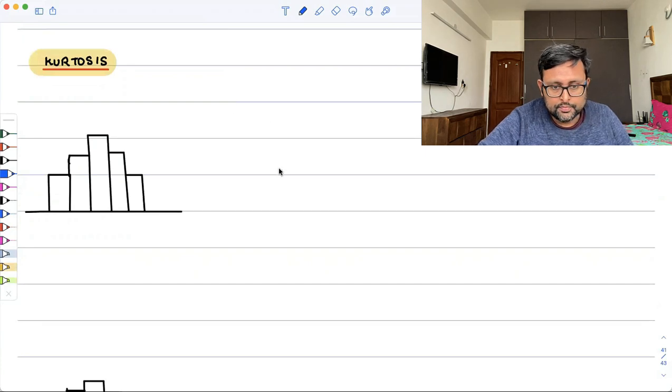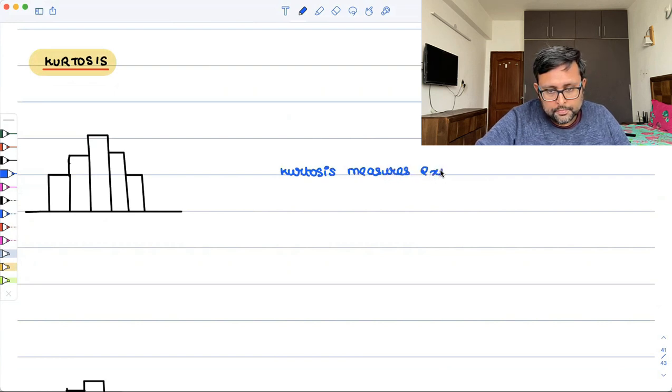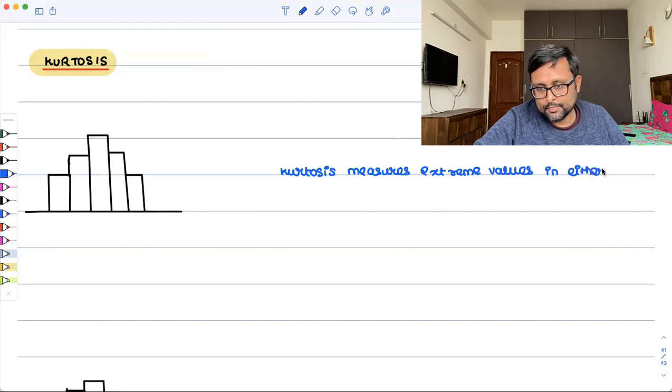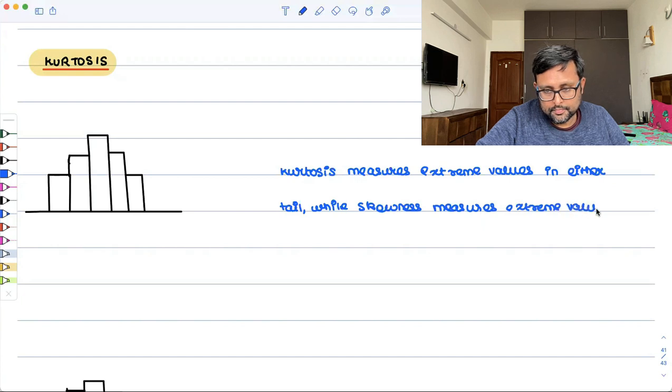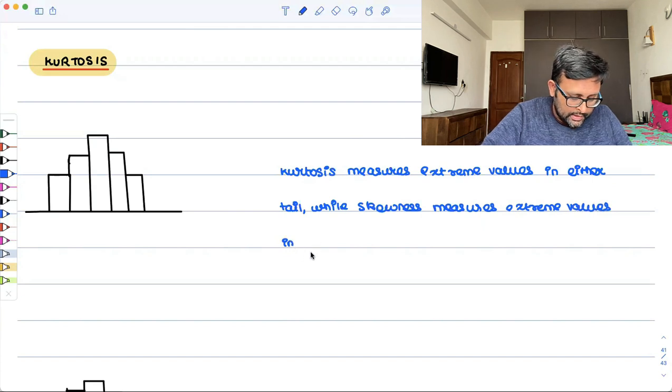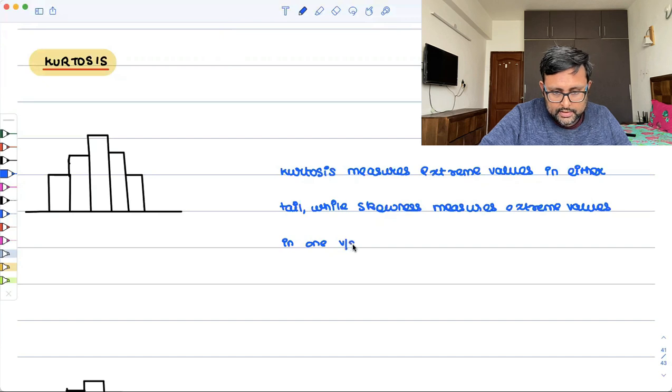So please write this. Kurtosis measures extreme values in either tail, while skewness measures extreme values in one versus the other tail.